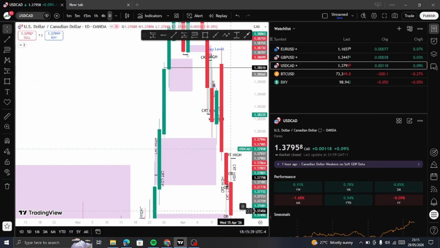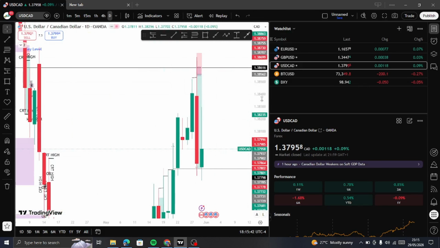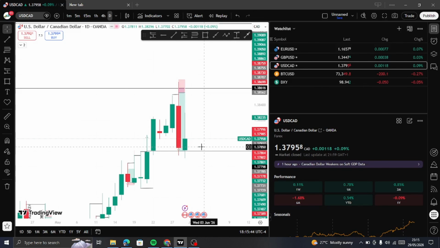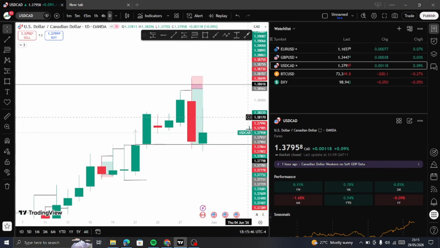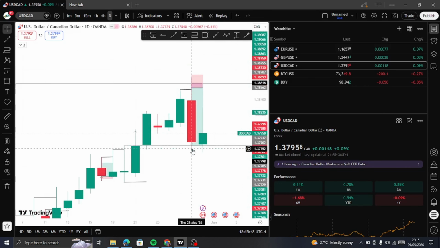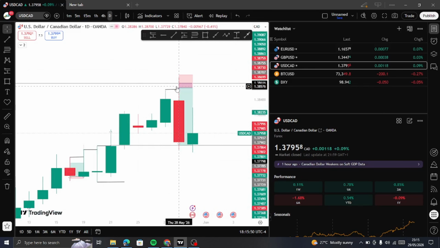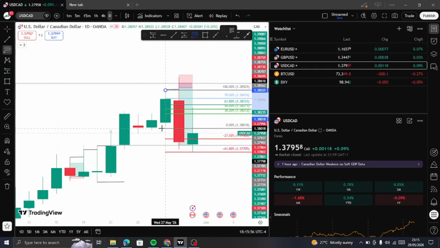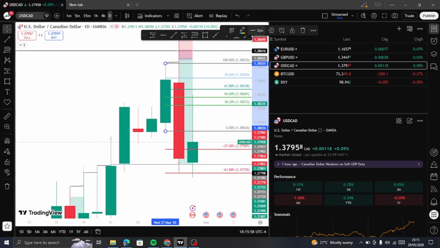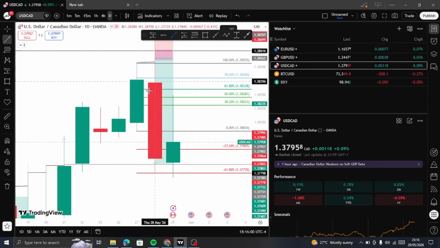Sometimes the market does not reach your TP. So there's what we call 50%, which the market will reach before you reverse to hit your stop loss. So I use my fib for the 50% range. So I'll draw it. Can see.